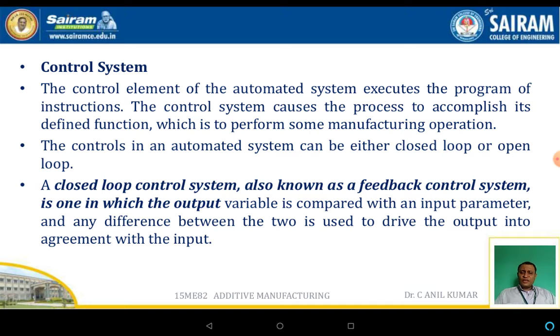Then the regulation is done by using devices. The output variable is compared with the input parameter, and any difference between the two is used to drive the output in agreement with the input.